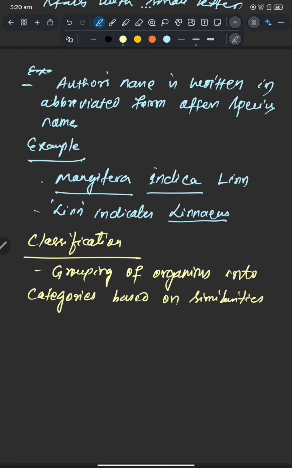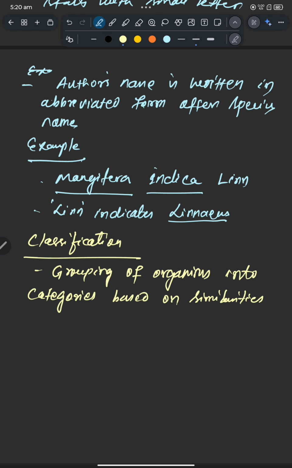Organisms having more similarities are put under a single group. Accordingly, there are different groups we'll be discussing, and depending upon the number of similarities, they are categorized and grouped under different groups.